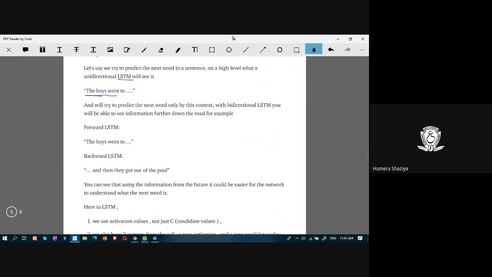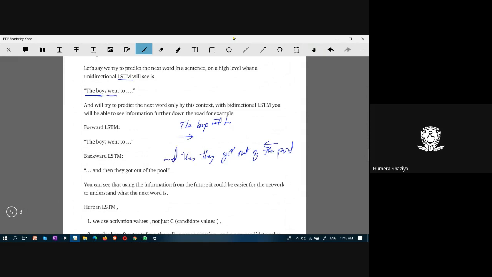Whereas in bidirectional LSTM, what you do is you feed like this and this. From here, you feed the boys went to, and from here they might be getting like this: pool, the, of, out, got, the, then, and.